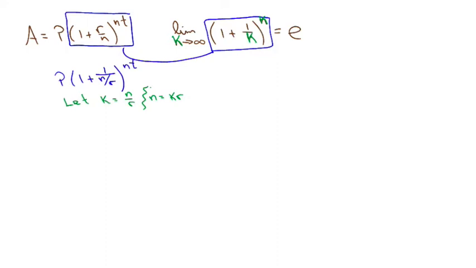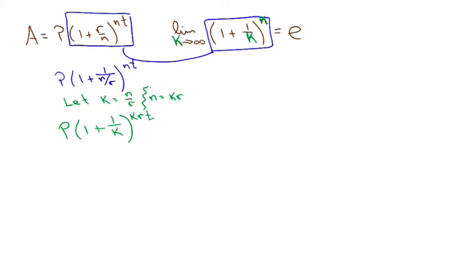All right, so if I let k equal N over R, this turns into P parentheses 1 plus 1 over k, because k takes the place of N over R, raised to the, what takes the place of N? KR. So we're going to get KR times T. Don't forget the T from up above. All right, so now we got it to this.